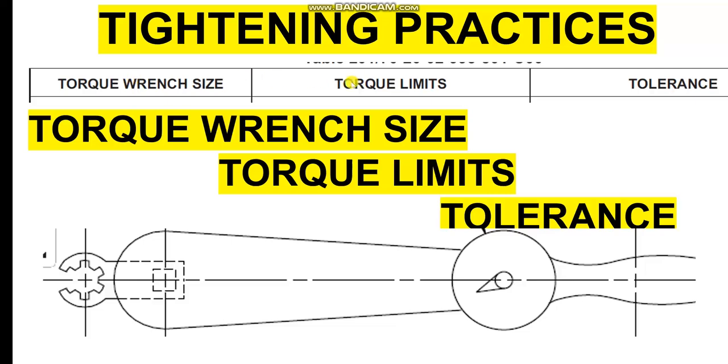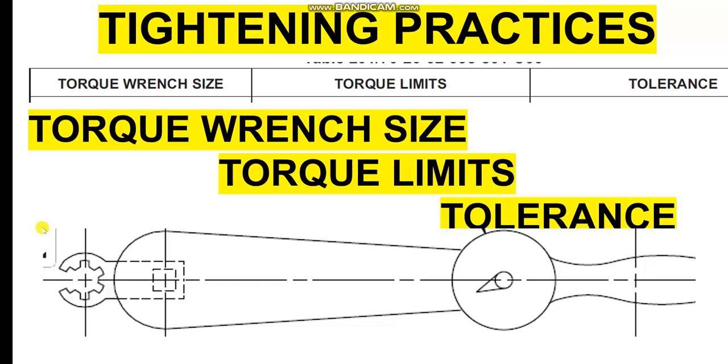Here is a table for torque range size. This is the first one. The second is torque limits. Here, limits. Here, tolerance. Tolerance means plus or minus the value which the task tells you.